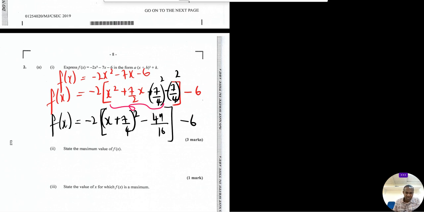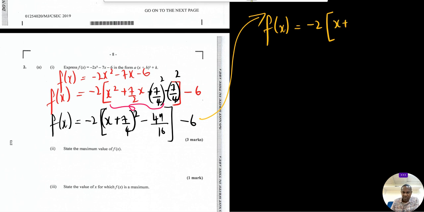And of course, I still have my minus 6 outside. So let's proceed and continue over here. And so what I have so far is f of x is equal to minus 2 bracket x plus 7 over 4 all squared minus 49 over 16 close bracket minus 6.